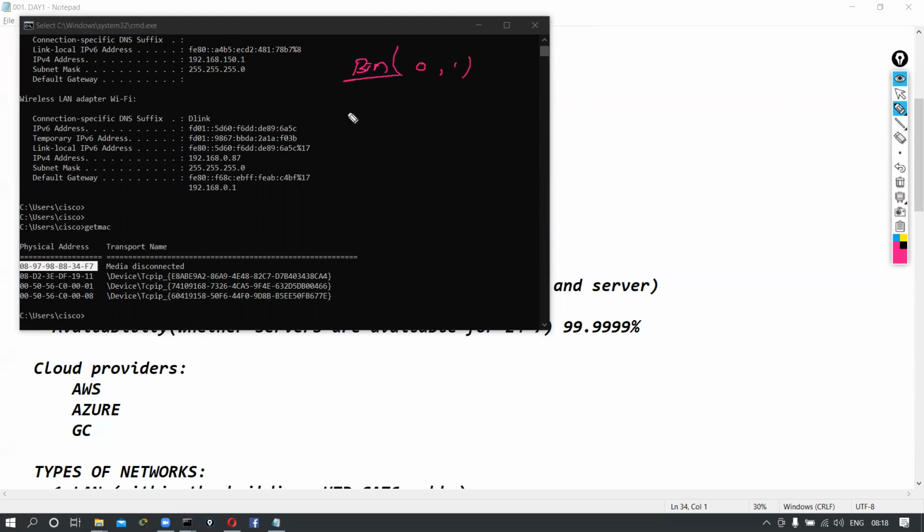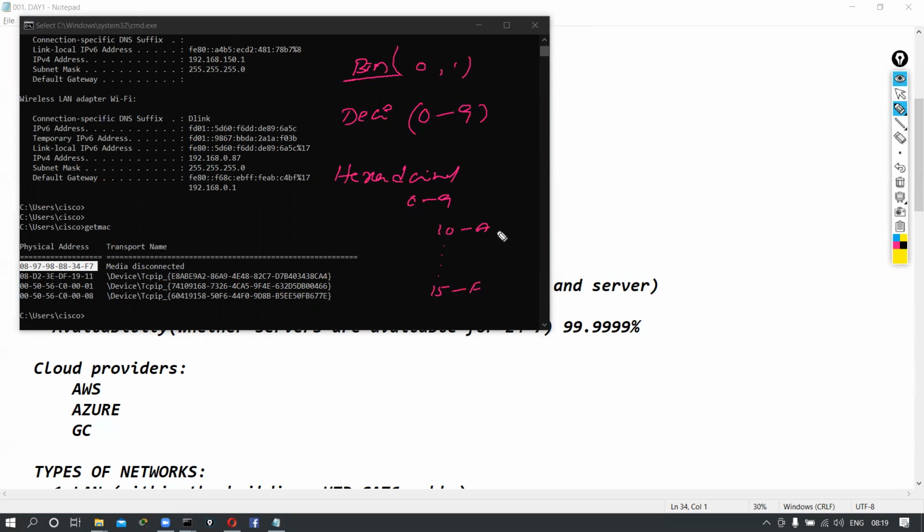What about decimal? 0 to 9, that means 10 digits. Hexadecimal means 0 to 9, and after that 10 is A in hexadecimal. Next is 11, 12, 13, 14 and 15. 15 in decimal is F in hexadecimal.